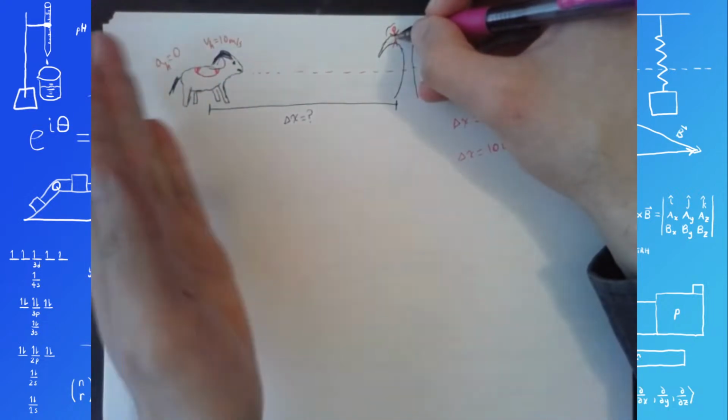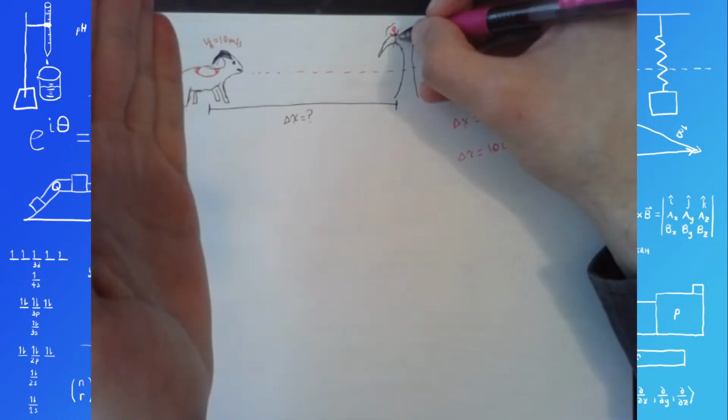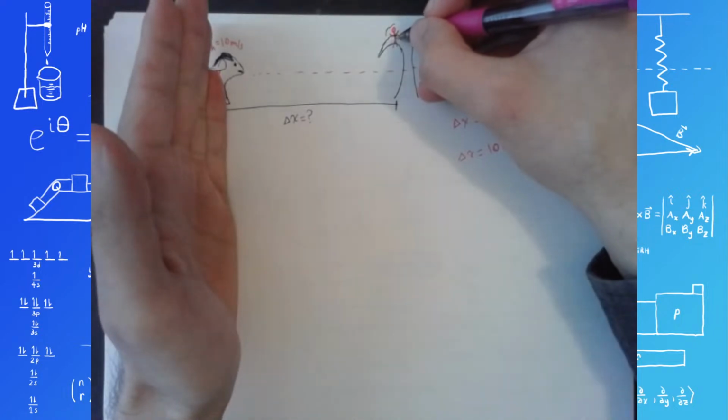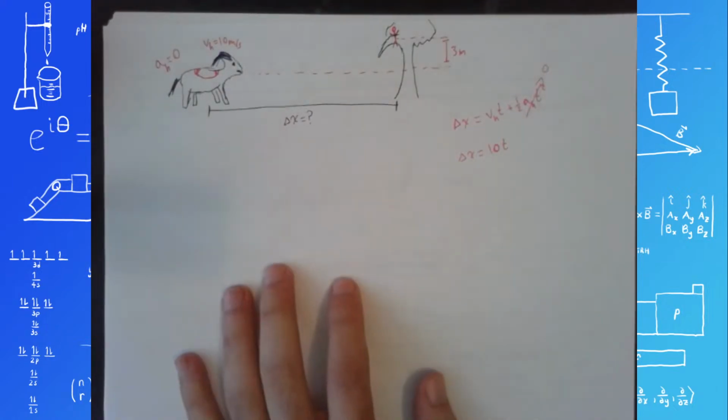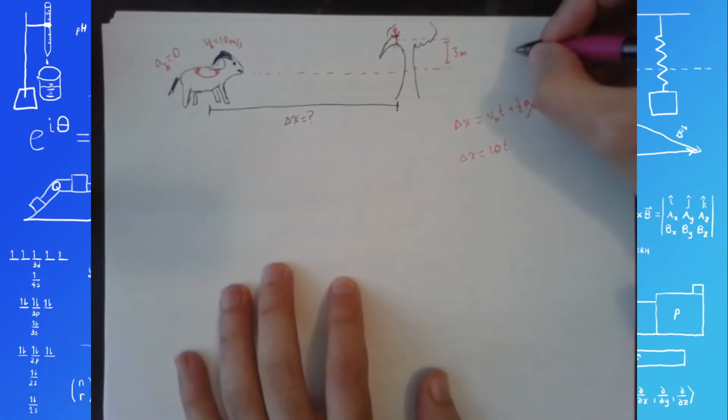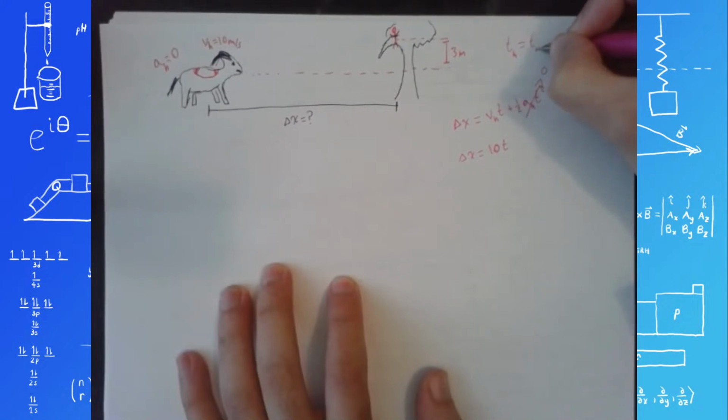Maybe the horse was moving before that point, but you start your stopwatch when the horse is at the right point and when the stuntman begins his drop. So they're under a shared stopwatch here. They would have the same time. So T horse equals T man equals just T.